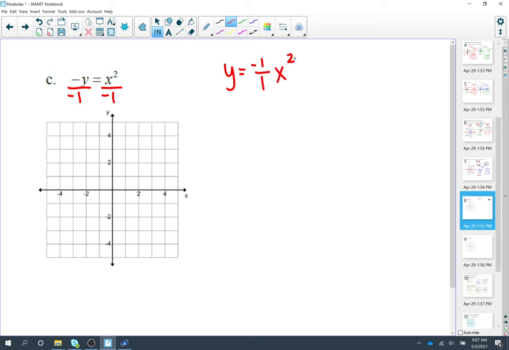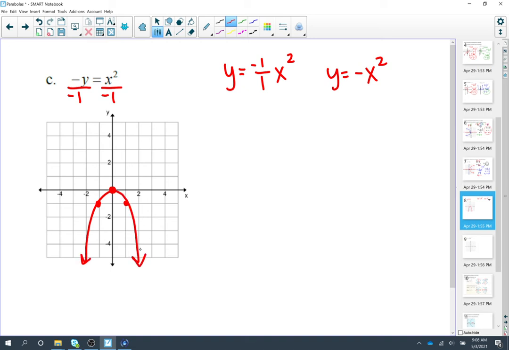Now, this one we actually don't have to do anything funny because this is really just y equals -x squared, and we should already know how to graph that because that's just a typical parabola we did in the past. So if y equals -x squared, then my vertex is at 0, 0. My quote-unquote a value from the past is -1. So from there, I should go over 1, down 1, over 1, down 1, and that's my parabola.